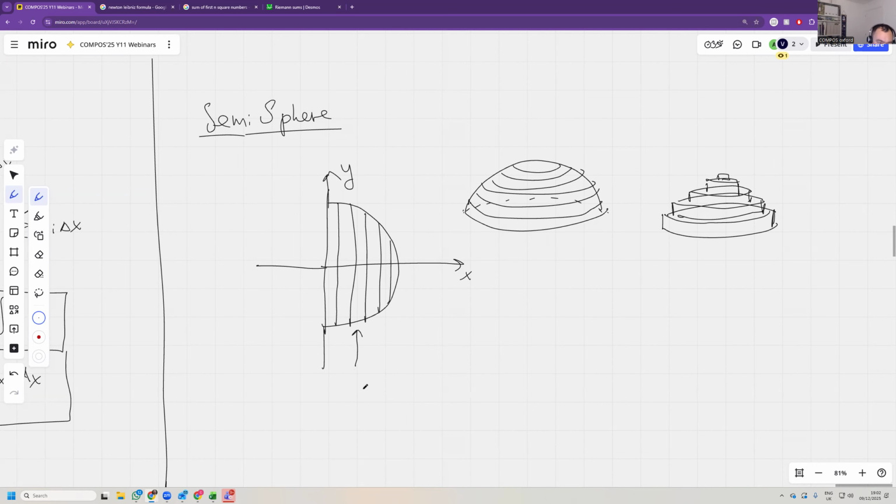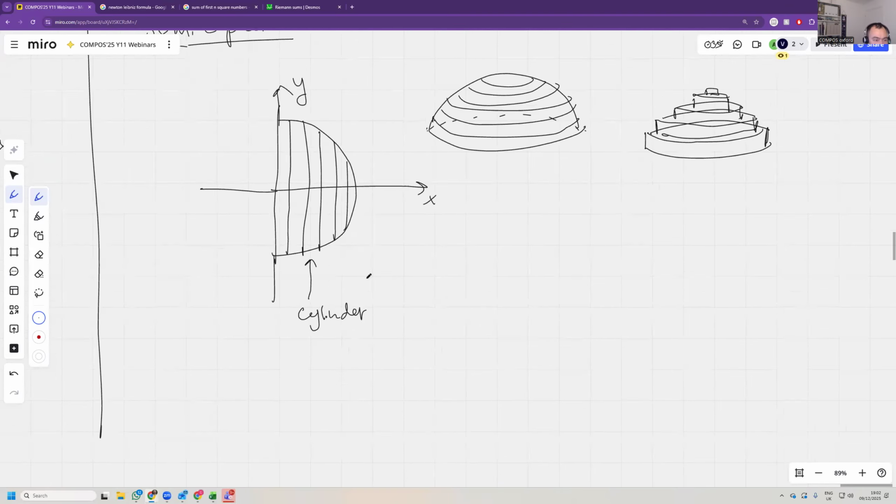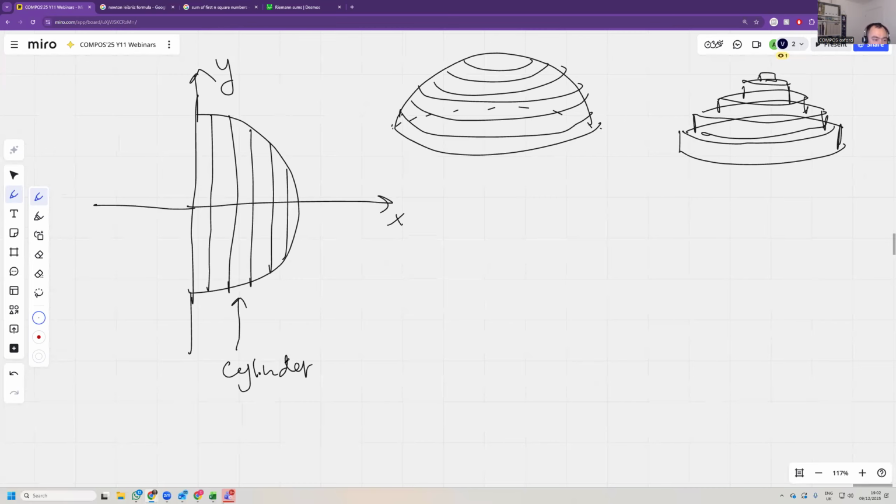So I'm going to take this cylinder and find its volume. So cylinder number i, the ith cylinder. This is delta x.